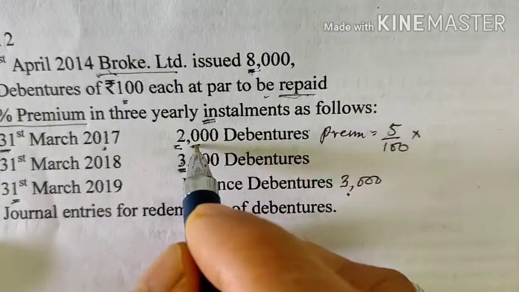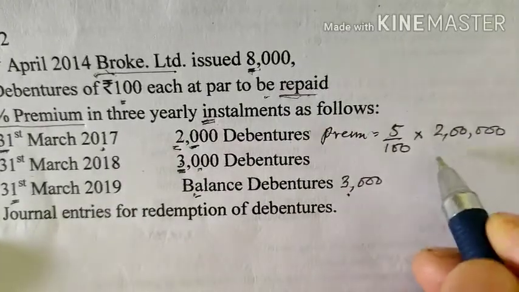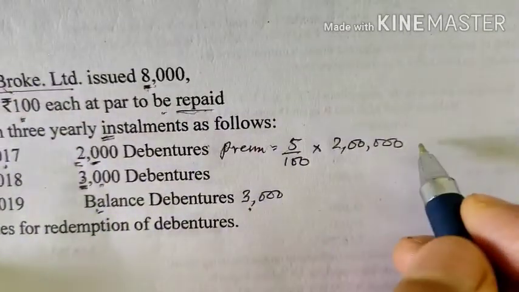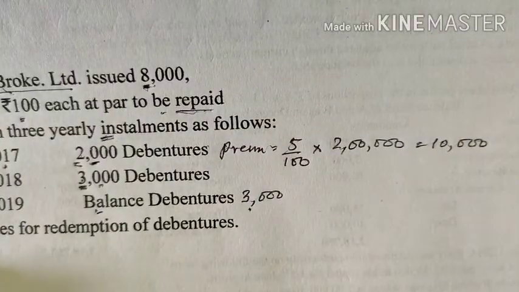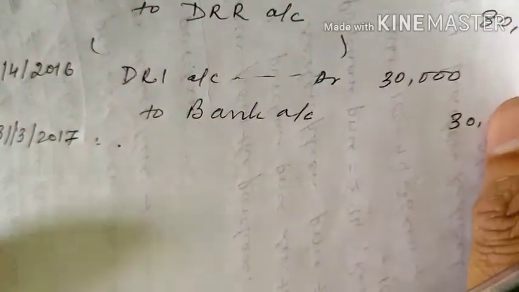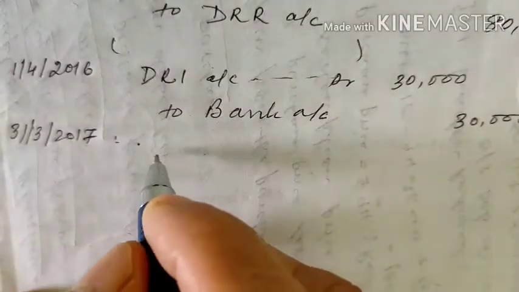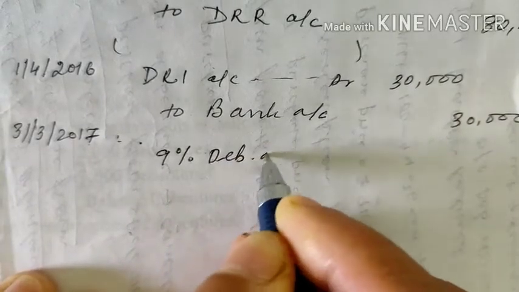So nominal value is 2000 into 100, which gives you 2 lakhs. The amount here will be 10,000, right?